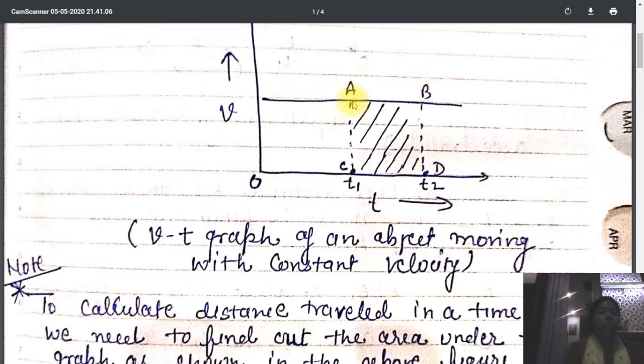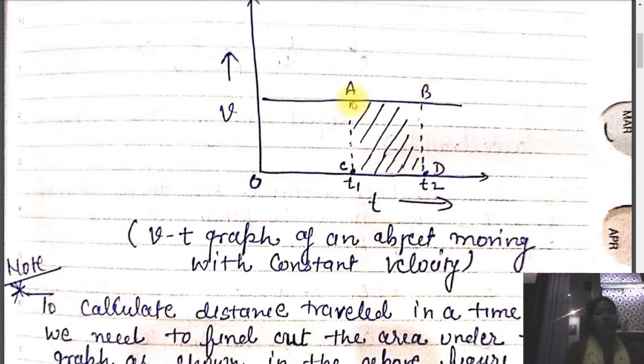Any of the values we can write down, because the area of the rectangle is only the multiplication of length and breadth.